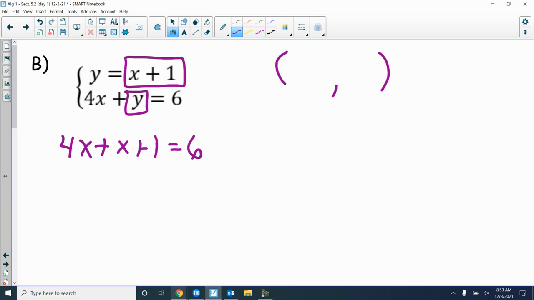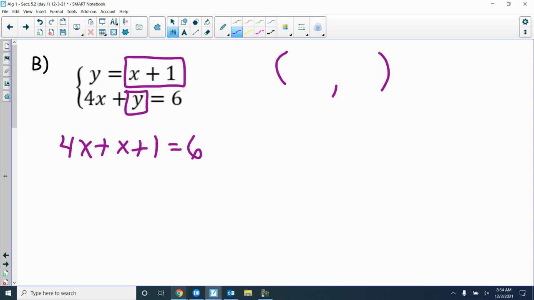Now, once we do this step, this should be reviewed. We've worked on solving equations, right? How do I simplify this side? We're combining like terms, so you have to add them.